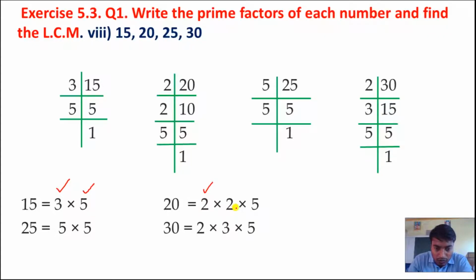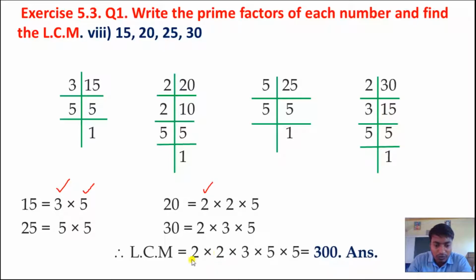Here we have 2 times, here we don't have, here also we don't have, and here we have 1 time. So the maximum is 2 times, so we will write 2 into 2.